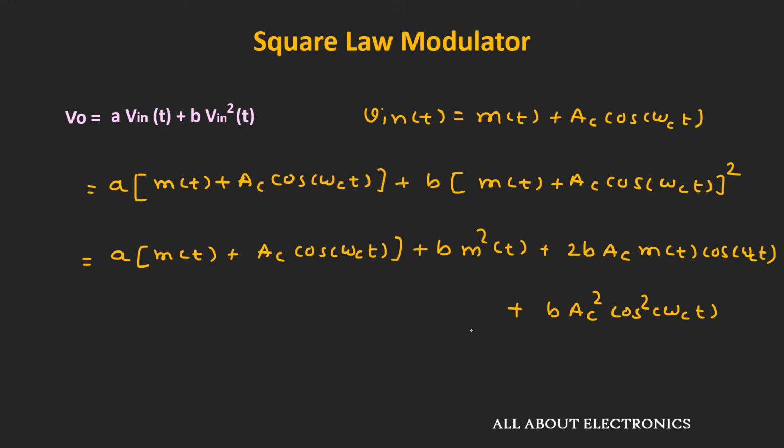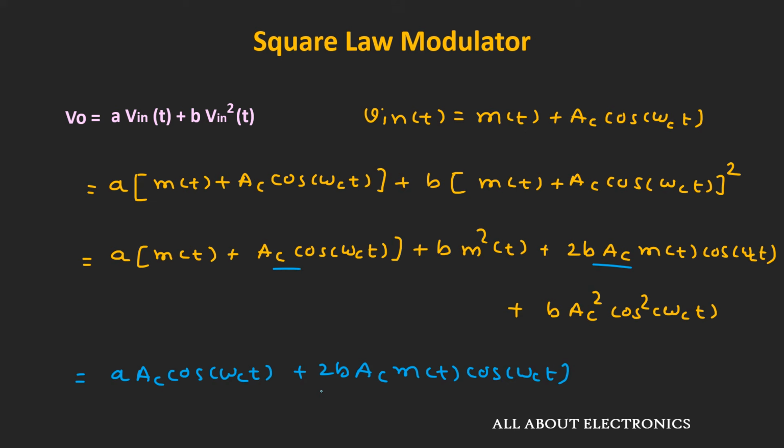So if we expand all these terms, then we will get this expression. Now here, if you see these two terms, they are of our interest, because these two terms will give us the AM signal. So let us write these two terms separately. That is equal to A times Ac cos of omega c t plus 2B times Ac times m(t) cos omega c t.